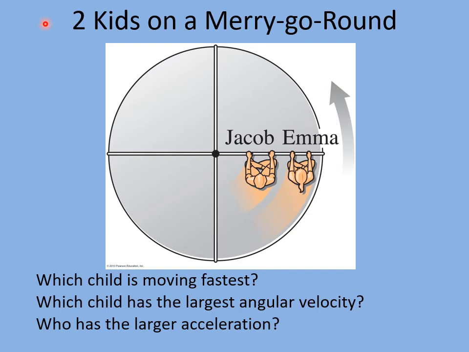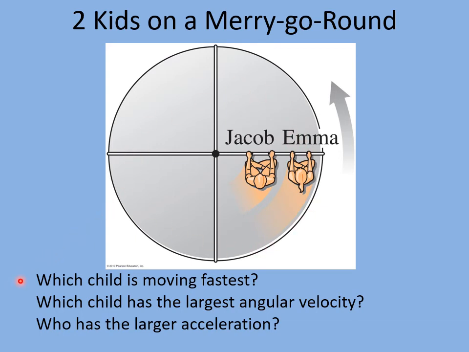Here's a conceptual quiz to test your knowledge of some of these concepts that we've learned in this lecture so far. So this is a bird's eye view again, looking down on a toy merry-go-round in the playground. And we've got two kids here. Jacob is in this position here, and Emma is over here, and this thing is turning around as they play on the ride.